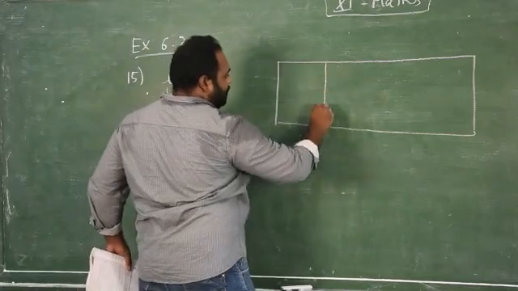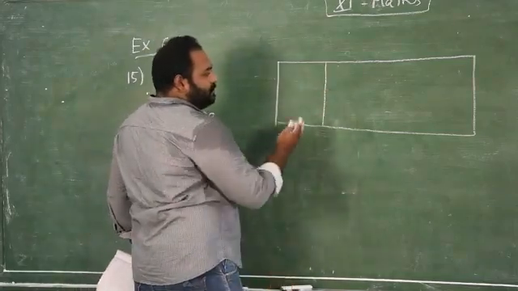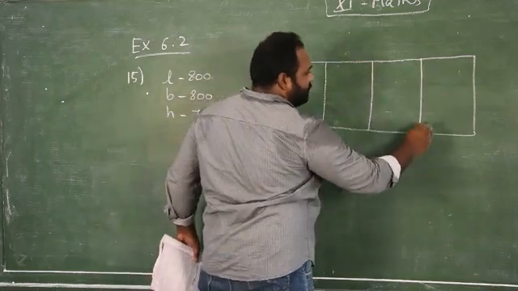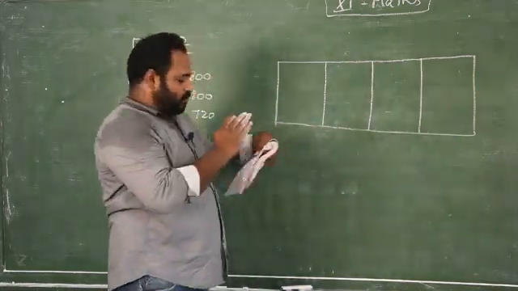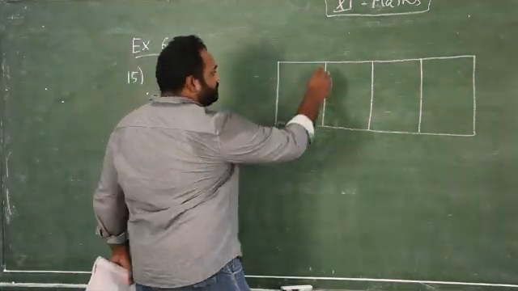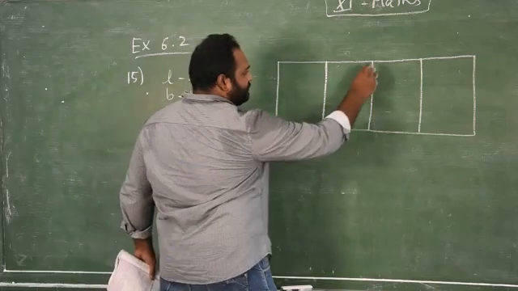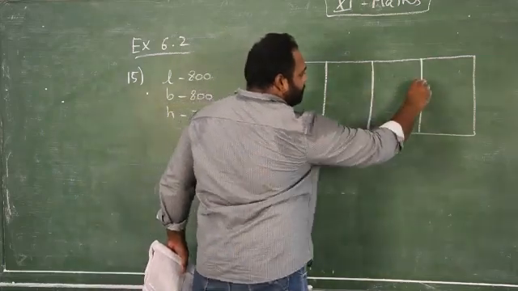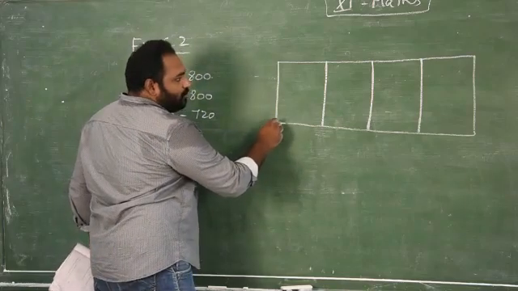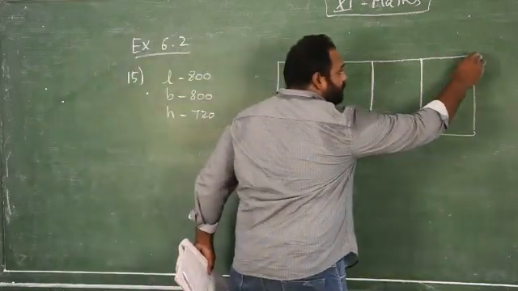This is the first side, second side, third side, this is the fourth. I am just opening the cuboid shape. So this is one direction, this is one direction, changing direction, this is another changing direction. This is the bottom of the building, this is the top of the building.